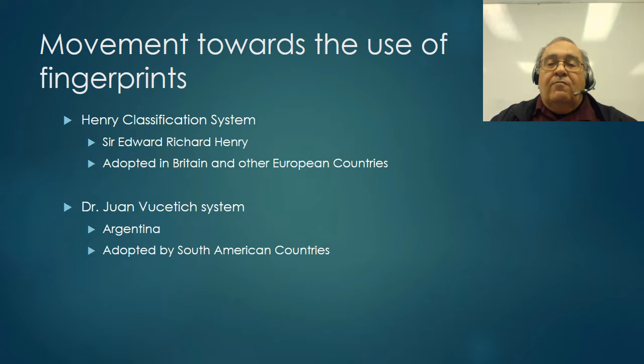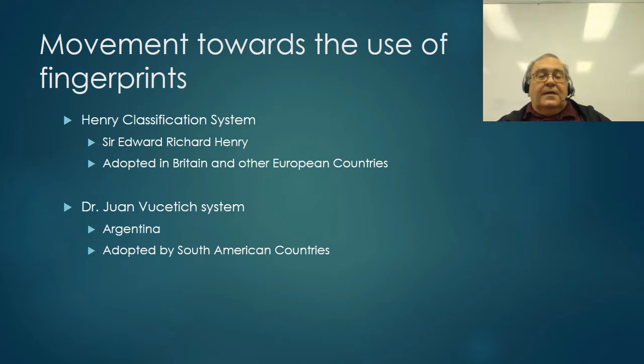As fingerprinting evolved back in the late 1800s and early 1900s, several people were involved in trying to determine or discover classification systems. One was Sir Edward Richard Henry of Great Britain, and then there was Dr. Juan Vucetich in Argentina.